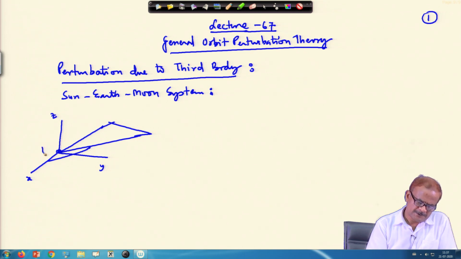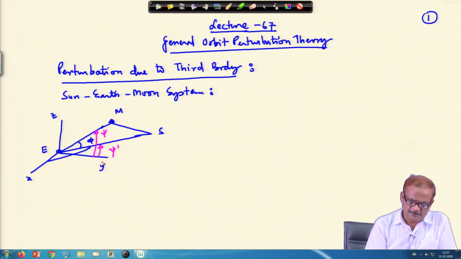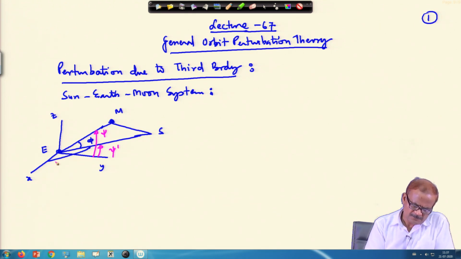Say the earth is located here. So, this is your earth and moon is here and the sun is located here. This angle we write as phi, this angle we will indicate by psi prime and this angle will indicate by psi. This is not necessarily y.